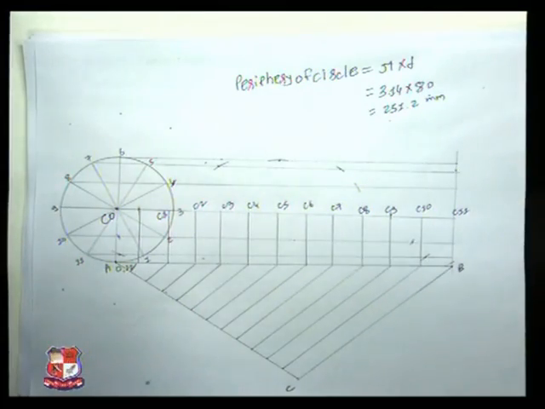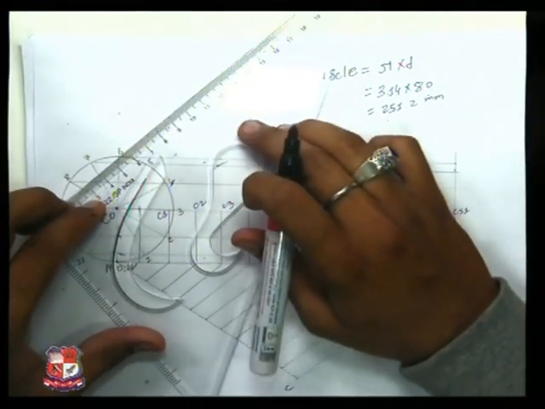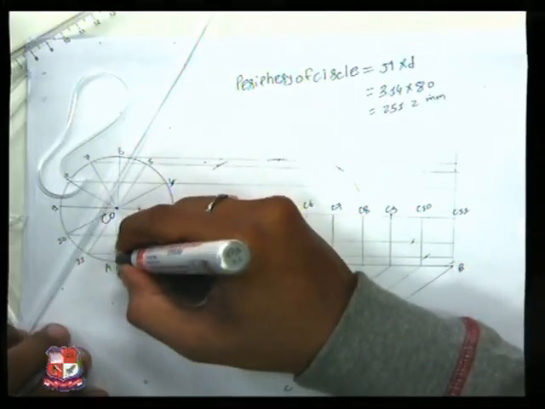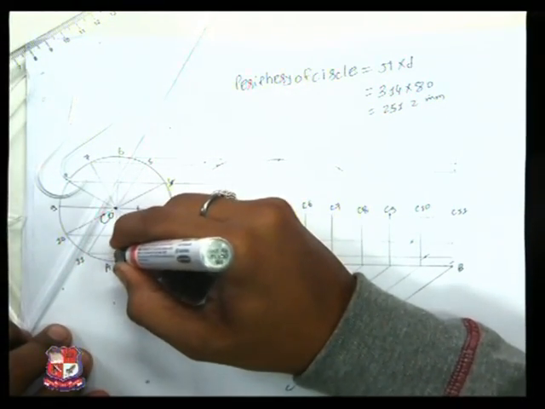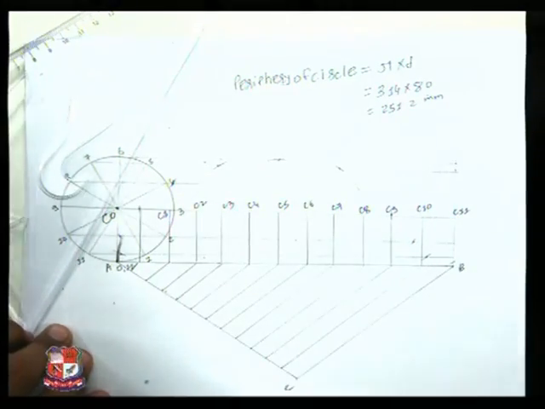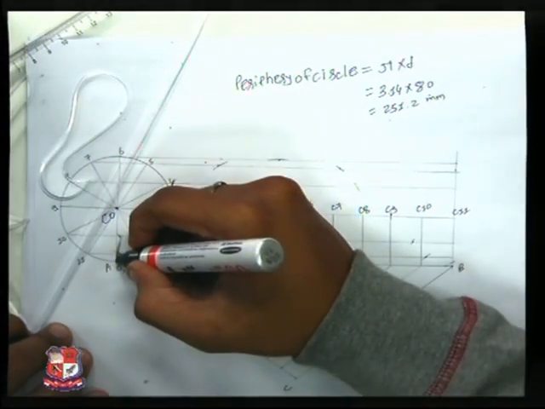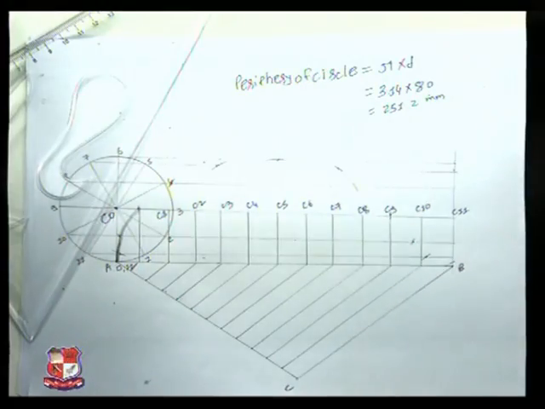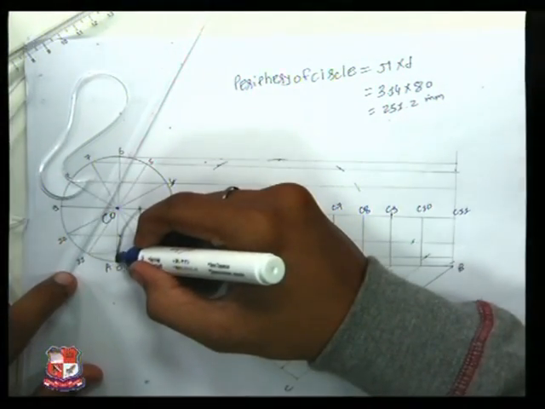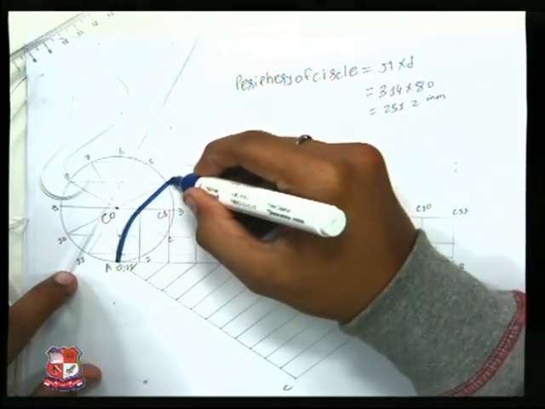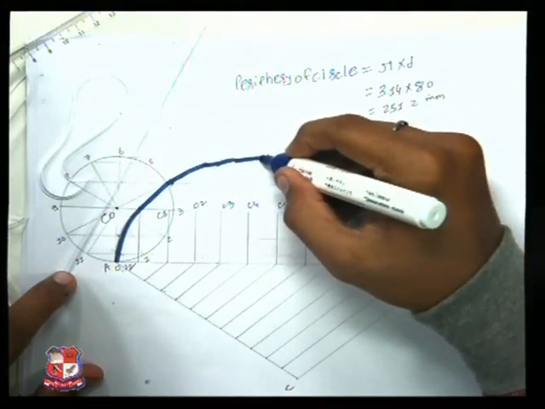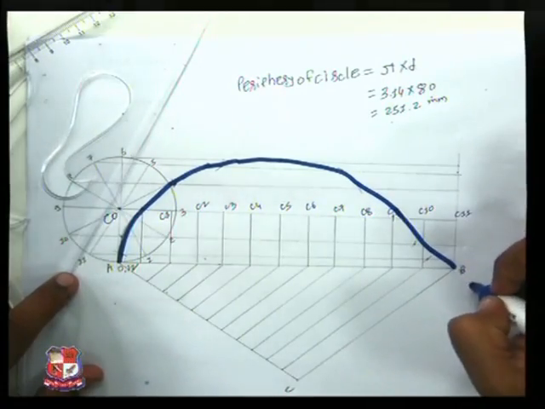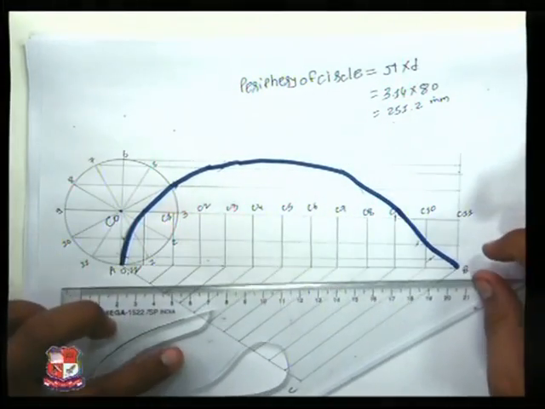Now join these points using a smooth French curve, or you can join it manually also.